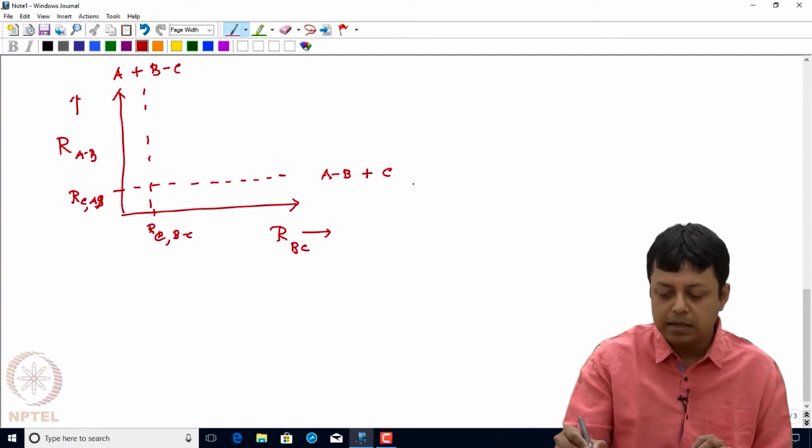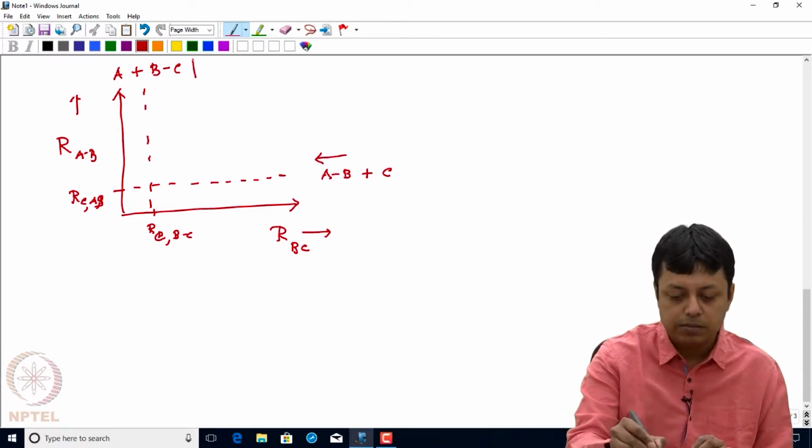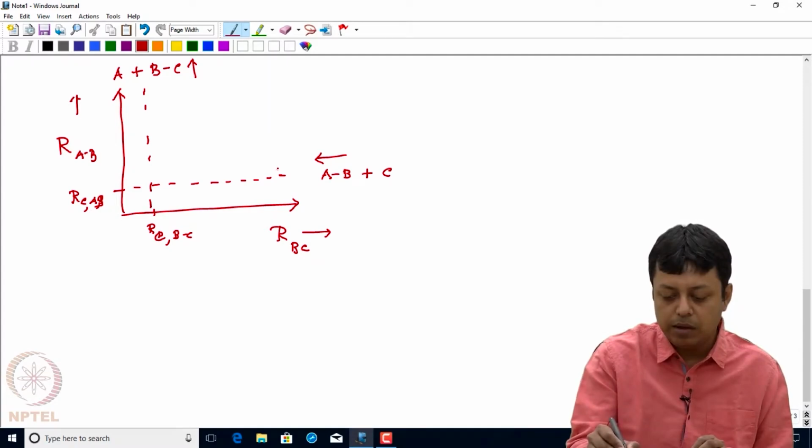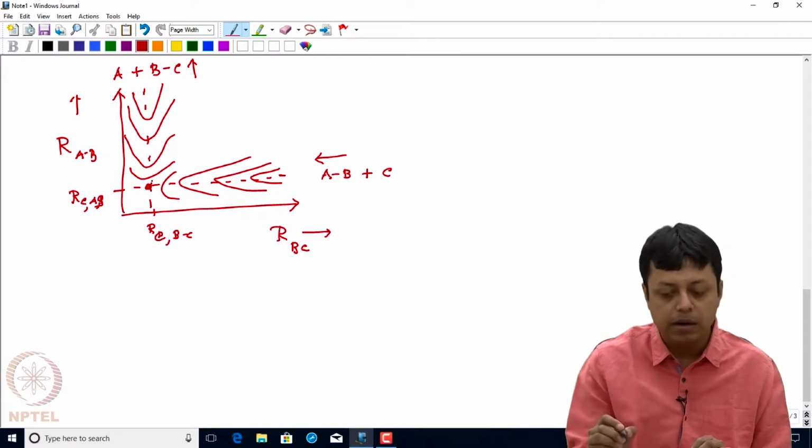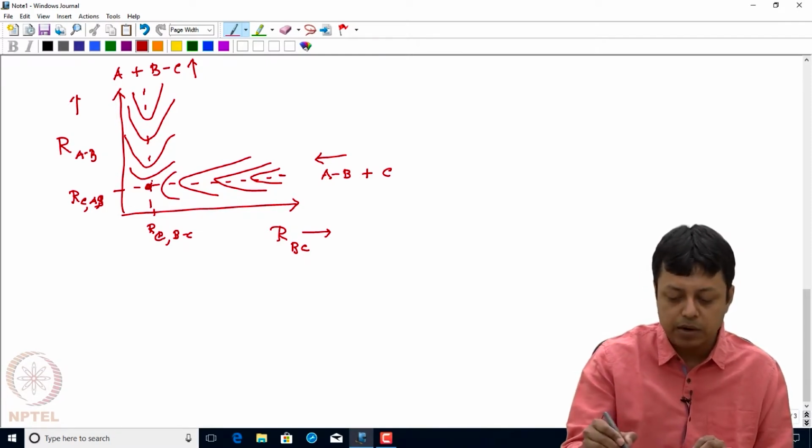This is our reactant, and this is our product. So we can actually draw, very schematically and very qualitatively, the potential energy surface. Again, these lines correspond to where the energies are the same. These are isoenergetic surfaces, and then there is a barrier along the reaction coordinate.